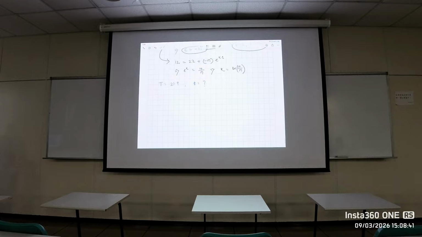That means putting all these values in the same equation, 21.9 is equal to 22 plus minus 17 into e to the power ln 10 by 17 into t.